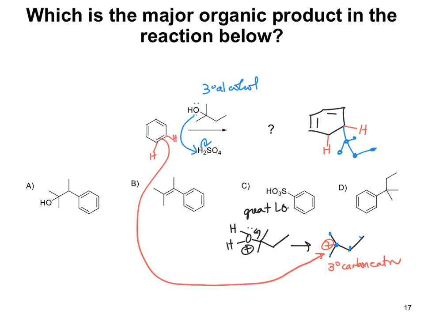You see? So you've got to make sure that the new bond is between this tertiary carbocation and the ring. And now you just have water, which would rearomatize. And so that would be D.